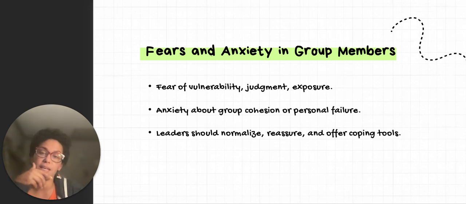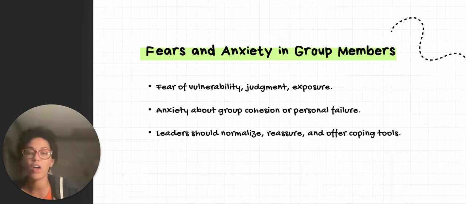So another thing that you have to confront during the transition stage is fear and anxiety. So at this stage, members face the reality of deeper emotional engagement. So these fears can be related to vulnerability and judgment, as we were stating earlier, or even with the fear of failure in achieving their personal goals for the group participation.